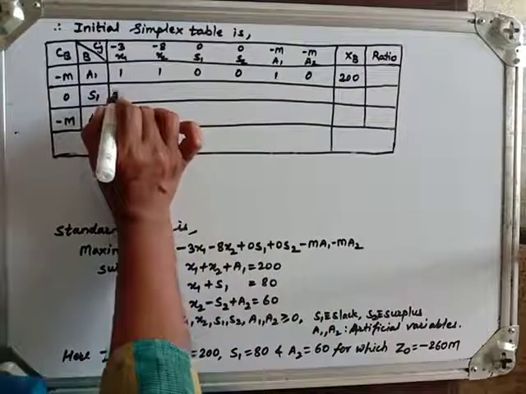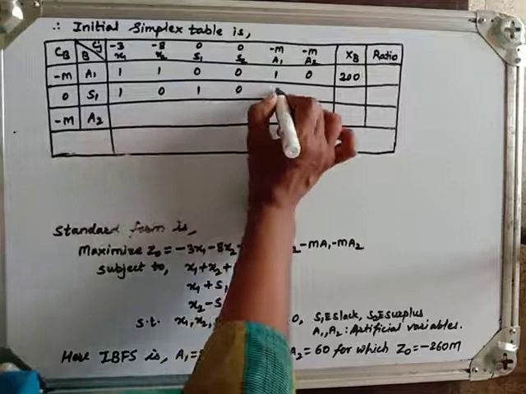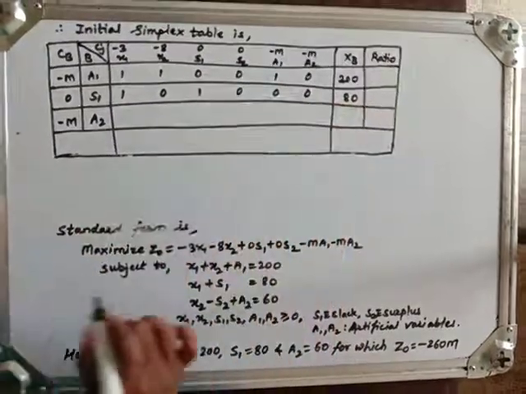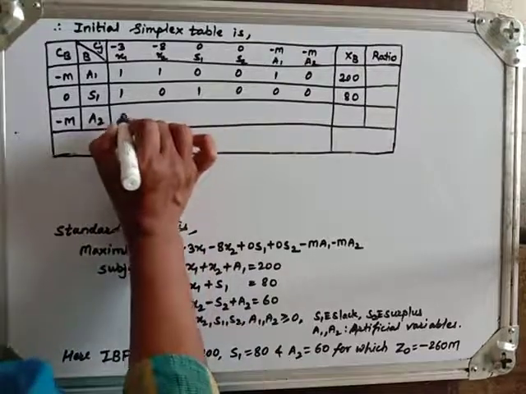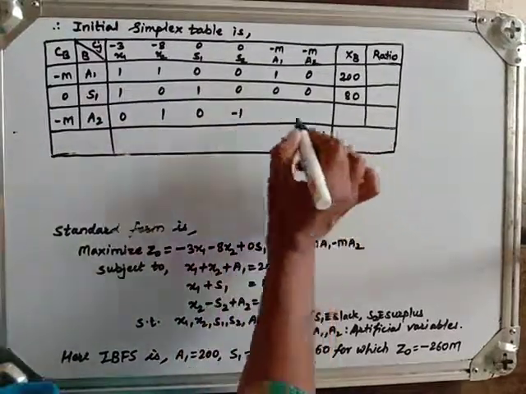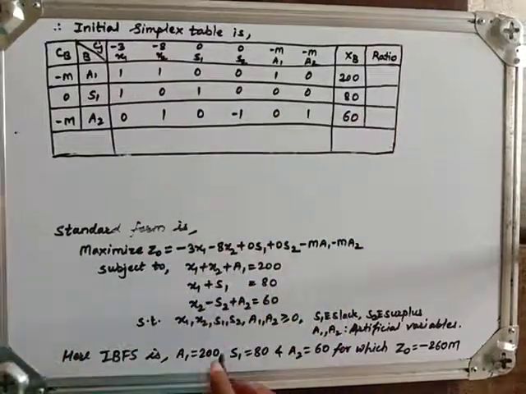For the second it is 1, 0, 1, 0, 0, 0, those being absent having coefficient 0. Now for the third, 0, 1, 0, -1, 0 and 1 and the right-hand side is 60.